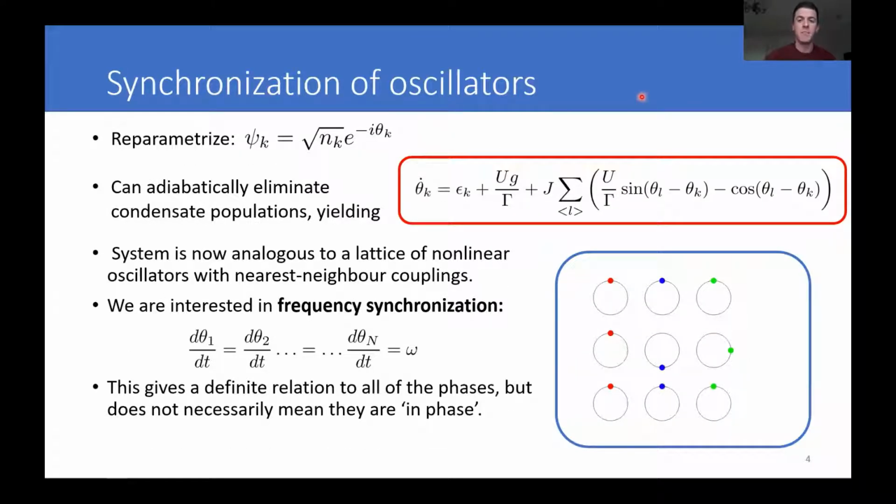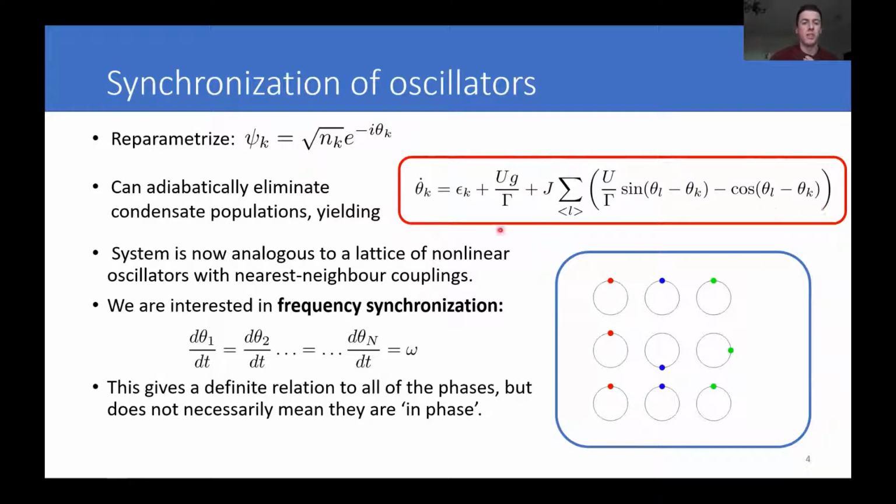The previous formulation wasn't the most intuitive for understanding how synchronization might work. So we substitute in the explicit form of the macroscopic wave function to allow us to write a couple of equations in terms of both densities and phases of each site. By doing a bit of work with this, we were able to adiabatically eliminate the density at each site, and this gives us this nice phase equation here, which we use to describe the system.